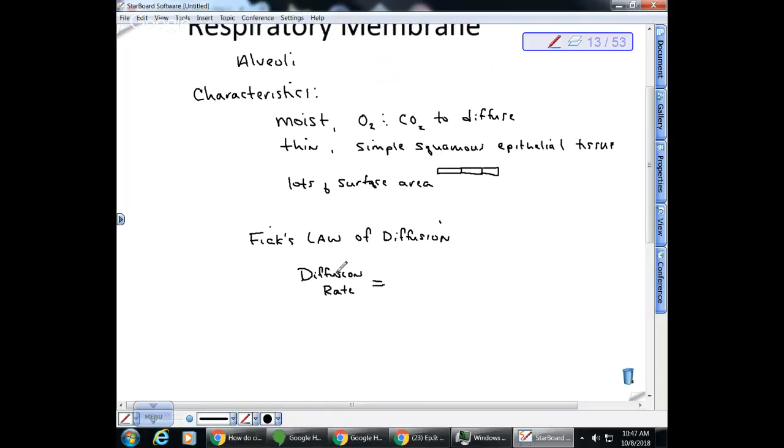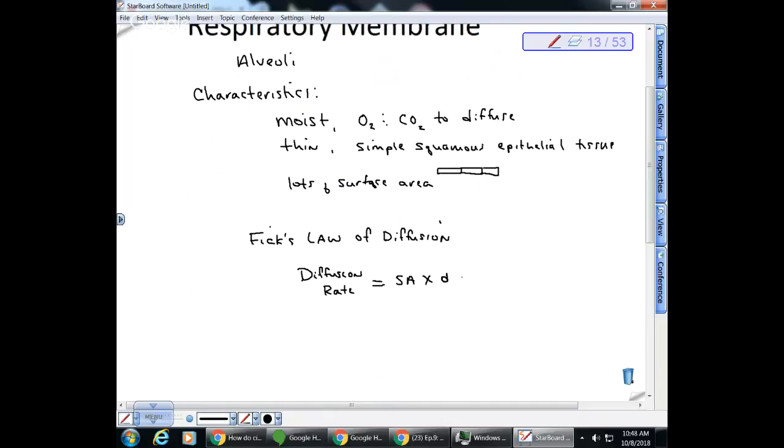This is equal to the surface area times the concentration of gases in solution.